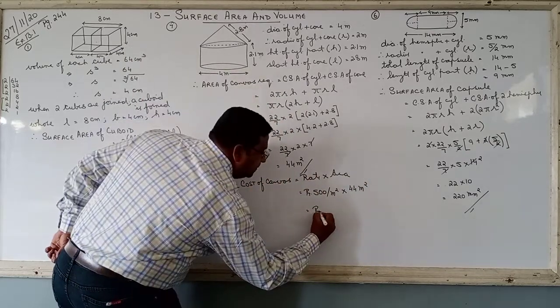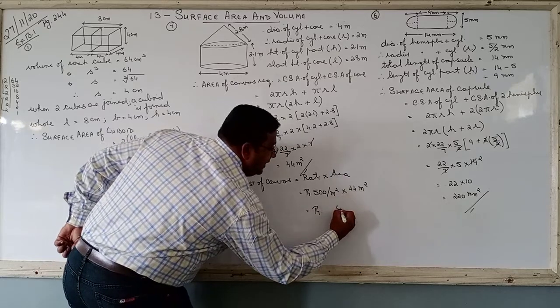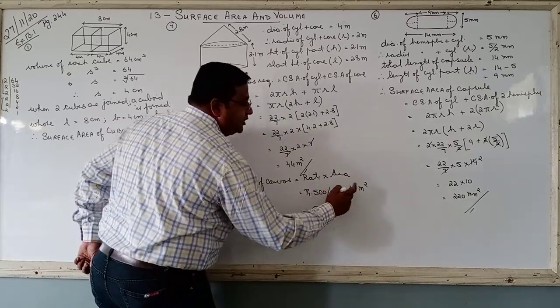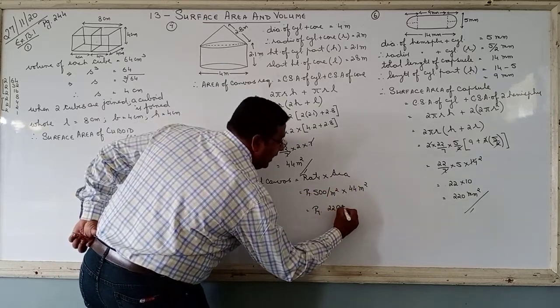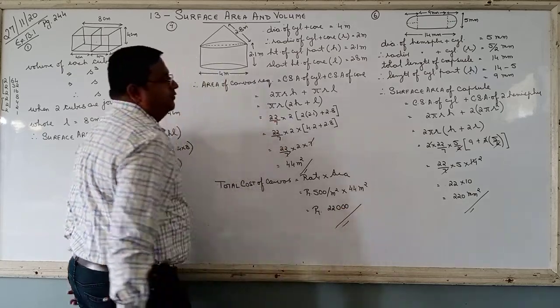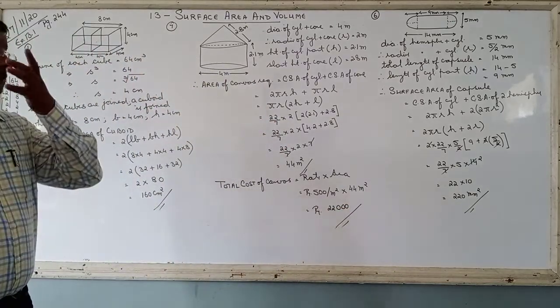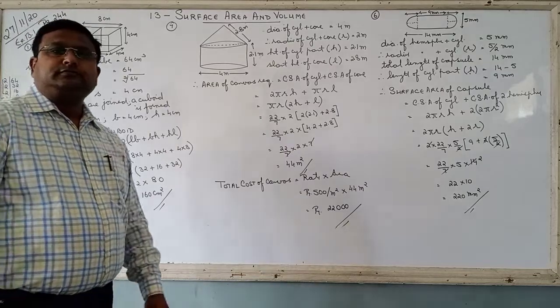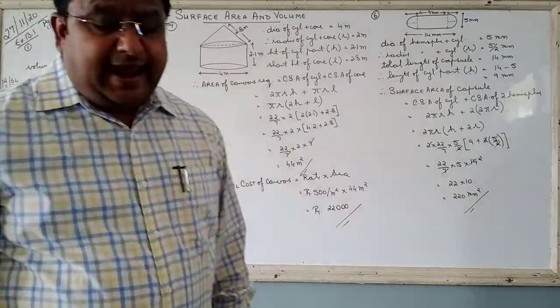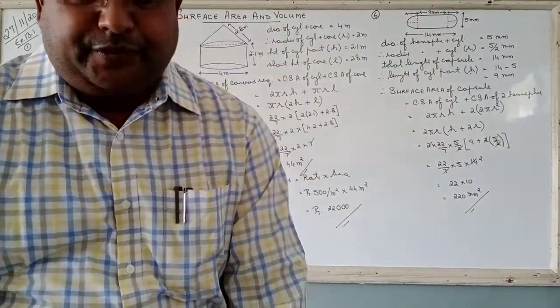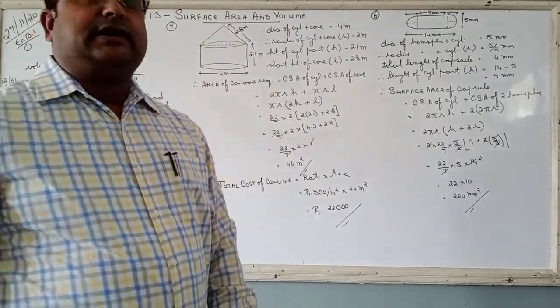So that is equals to rupees 5 fours are 20, carry 2, 5 fours are 20 and 22 and 2 zeros. What is the cost? 22,000. Yes? So you can see calculations are not tough. Only thing required is the correct formula.